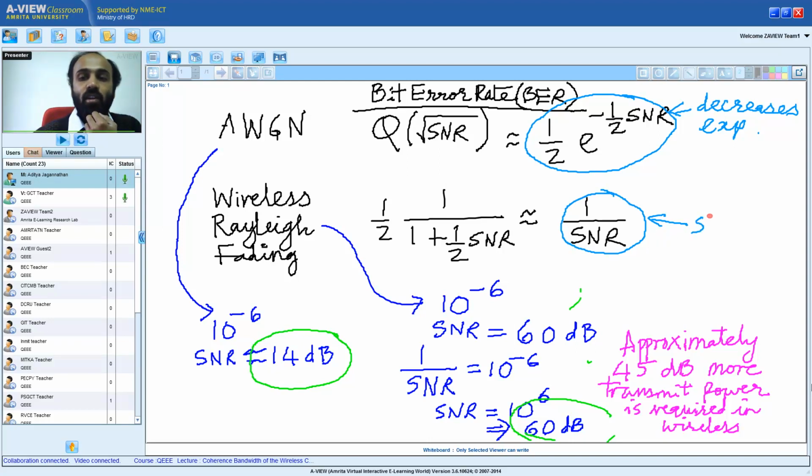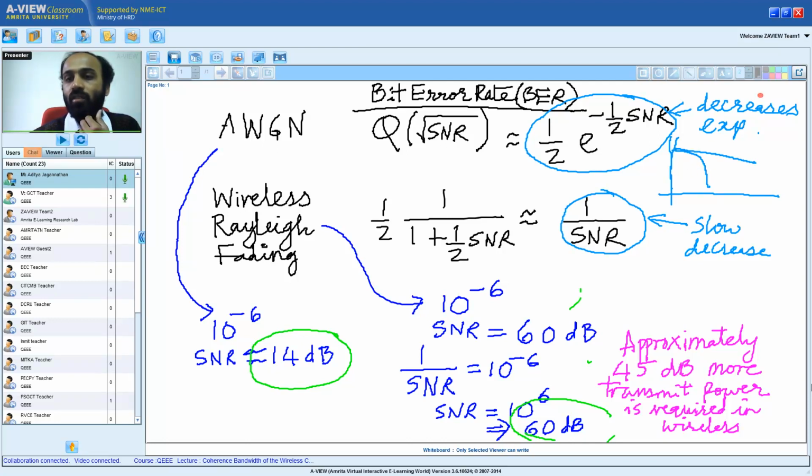This is a very slow decrease. In fact, if you plot the bit error rate of AWGN versus the Rayleigh fading scenario, it is going to look as follows. If I have this axis, the AWGN bit error rate decreases very sharply, but for Rayleigh fading it only decreases very slowly.